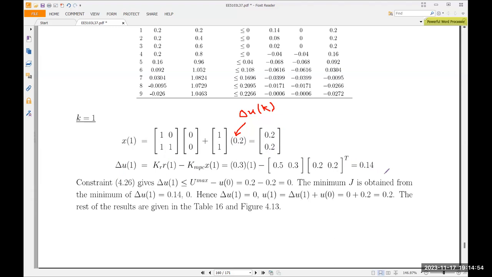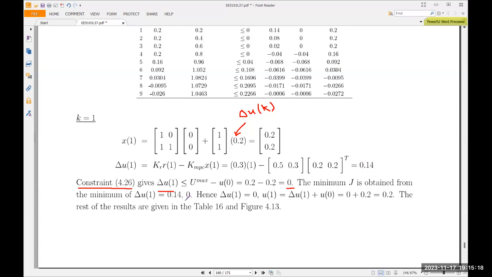So again, MATLAB will compare this with the constraint. The constraint says that your delta U must be less than or equal to 0. So this one cannot.